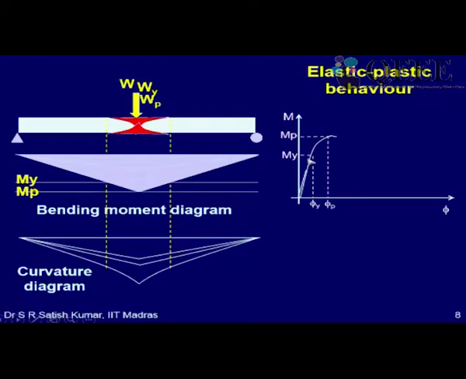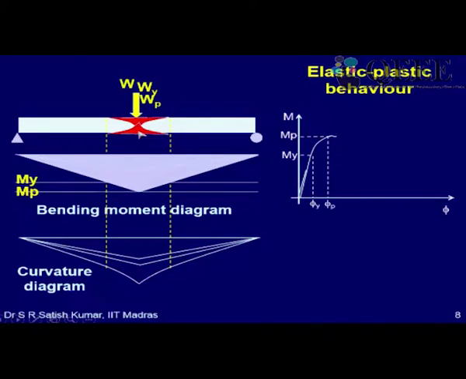We have reached this point, My. We further continue to increase the load, and gradual plastification will happen across the midsection, and the plastification will also spread along the length. It will spread to a length such that the points at which the bending moment is above My, from here to here, have yielded.